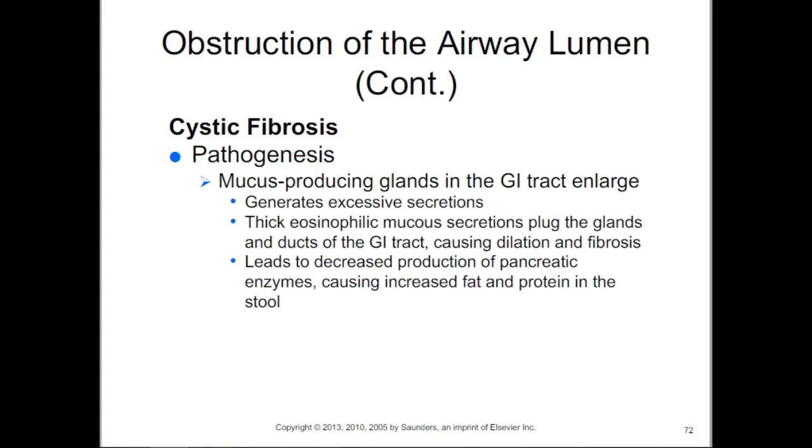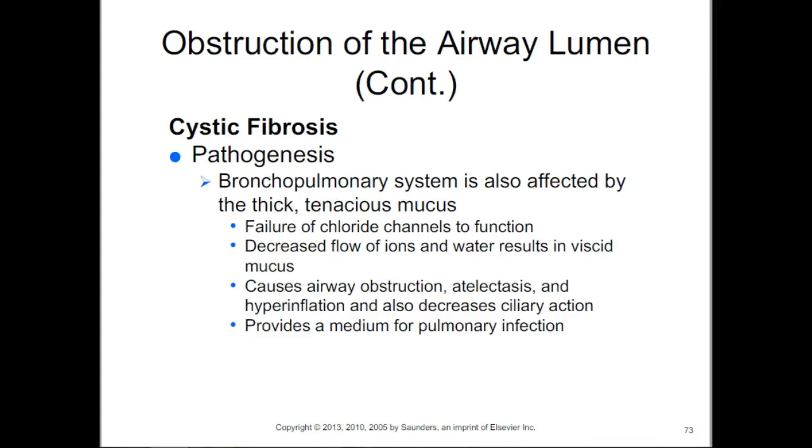Because their pancreatic enzymes aren't completely functional, and so it decreases the breakdown of the food, so you're not absorbing any of the nutrients that you're consuming. So you'll see fat and protein in the stool, right? So the bronchopulmonary system can also be affected by that thick tenacious fluid, right?